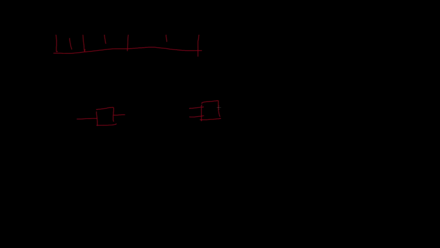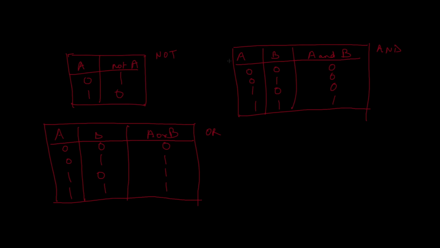So one of those boxes takes the input and just inverts it. If it gets a 1, it inverts it to a 0, and if it gets a 0, it inverts it to a 1. I can have another box that takes 2 inputs and gives the AND of those 2 inputs. So if both of them are 0, it gives out a 0.